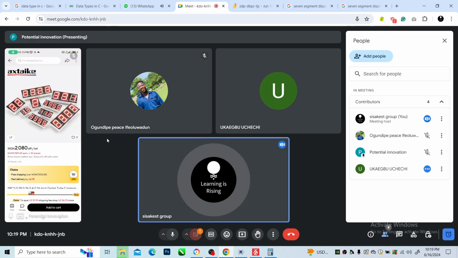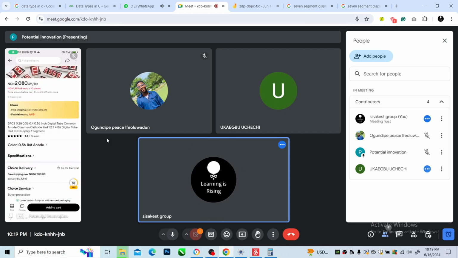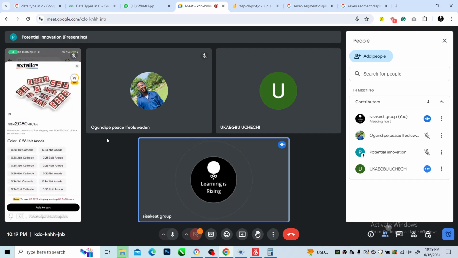From this diagram you can see that for the 7 segment display there are different sizes. Let me show the parameters that are very important here. Look at this one: 0.5 inches, 1 bit, common anode. If you click on this on AliExpress, you can see the size of these ones and the smaller ones are different.